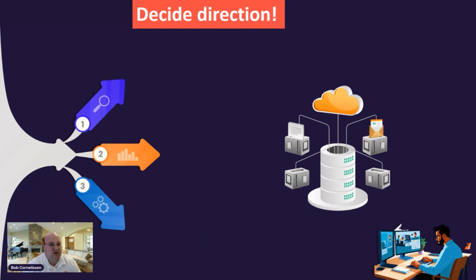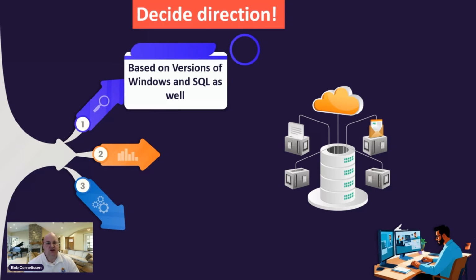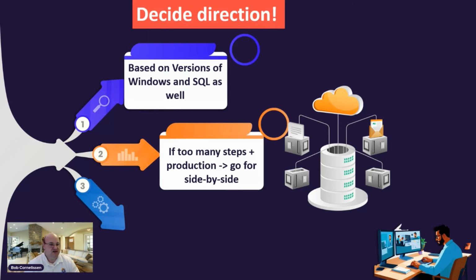So in bullets, while we are deciding which type of migration we are going to do, the decision which method to use depends not just on the SCOM version, but also, as you see, on the Windows and SQL version as well. If there are too many upgrades of these three products involved at the same time in production, there's a larger chance to mess things up. But also, there will be many steps involved.